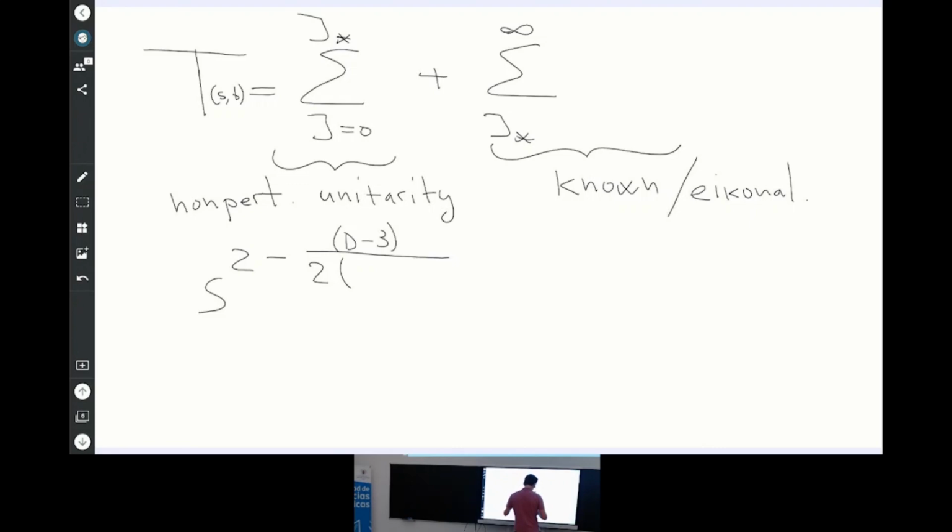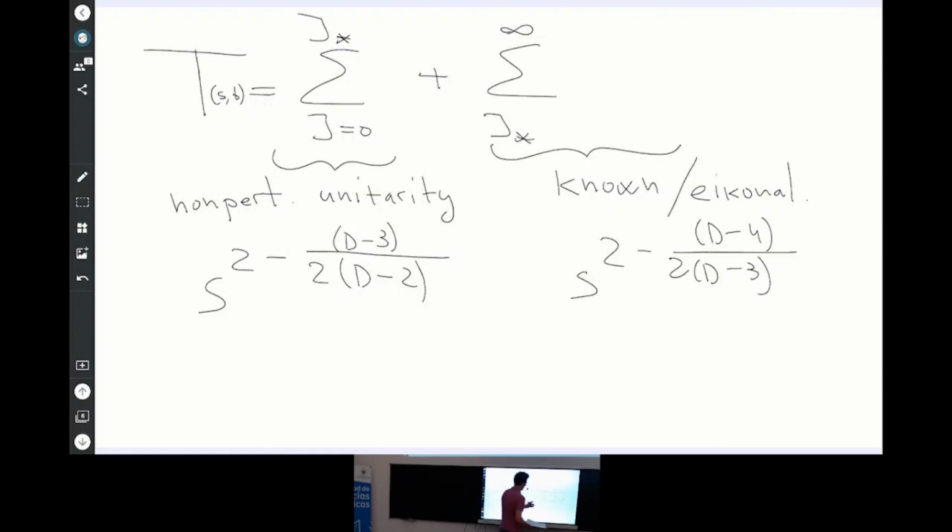And to remind you again, here from the eikonal physics, we got S to the 2 minus (D minus 4) over (D minus 3). And so you see that this physics dominates, and therefore it makes sense to trust it. Because just by non-perturbative unitarity, we see all the physics that we don't understand is subleading.